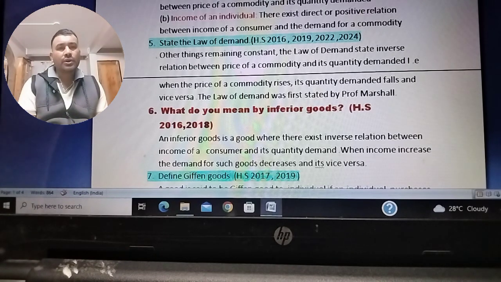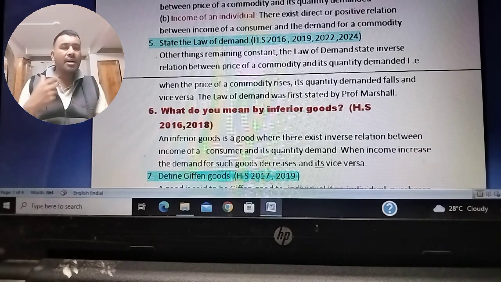We know that there are many factors affecting the demand for a commodity. The law of demand considers only the price and the demand. So we have to start with a phrase like 'other things remaining constant' or 'ceteris paribus'. The law of demand states an inverse or negative or indirect relation between price of a commodity and its quantity demanded.